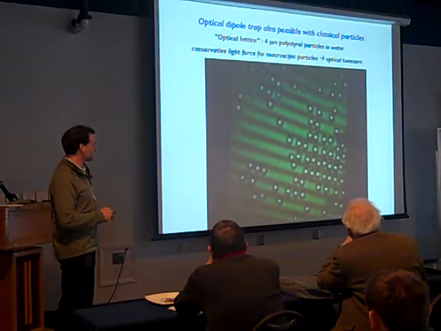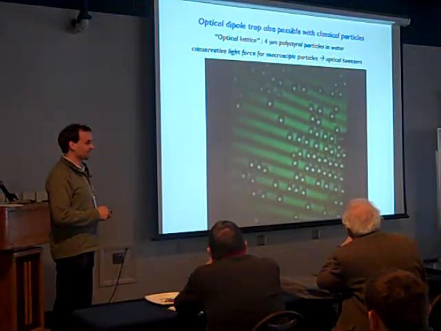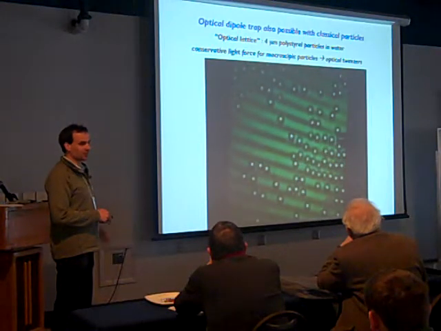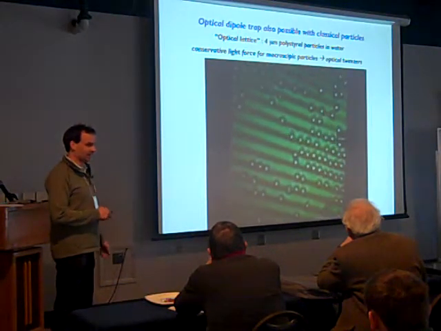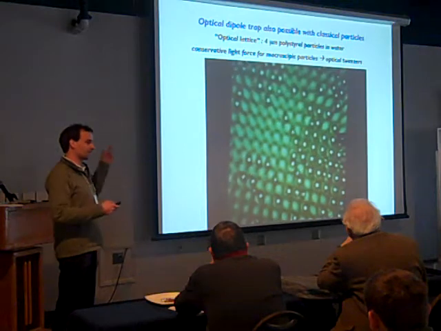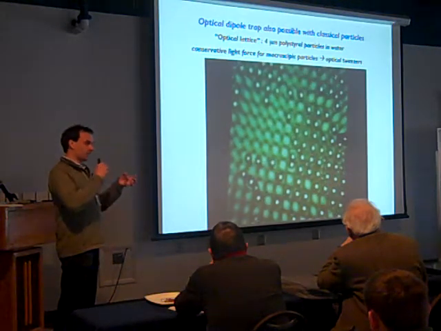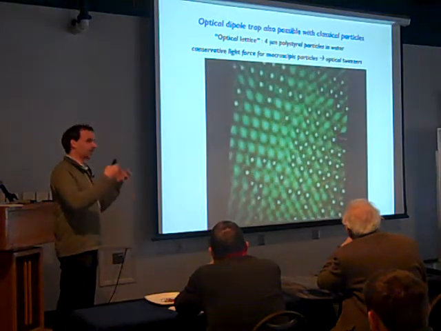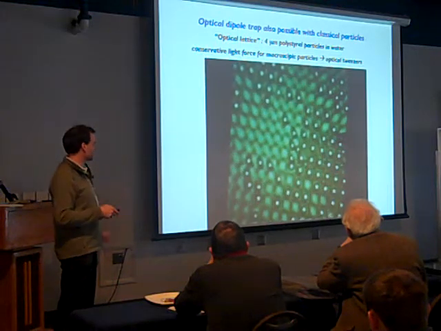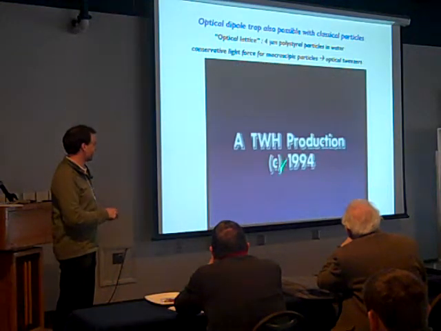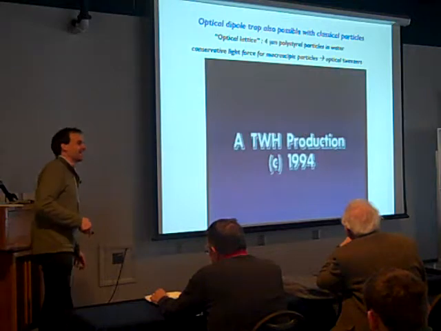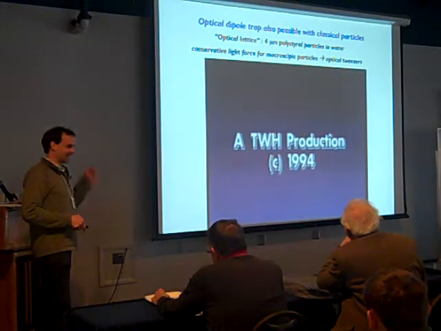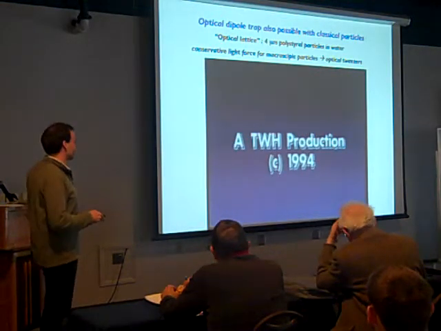So this is nothing specific to atoms. In this case, you can understand it as an index of refraction. We can talk about it later if you want to understand how this works. But actually, you can also understand it this way: the light polarizes your medium, and that interacts with the light again, and so that creates an attractive potential. See how they're moving? In '94 already, with just little polystyrene spheres.